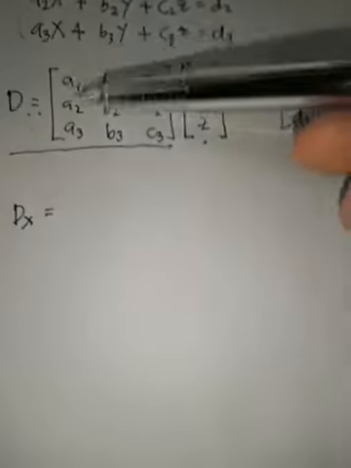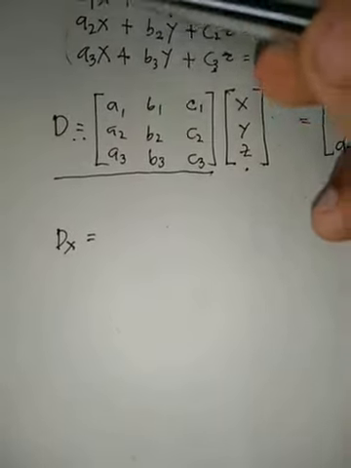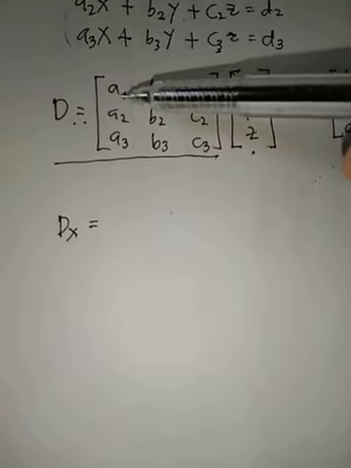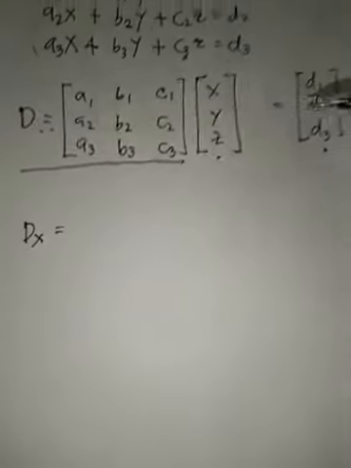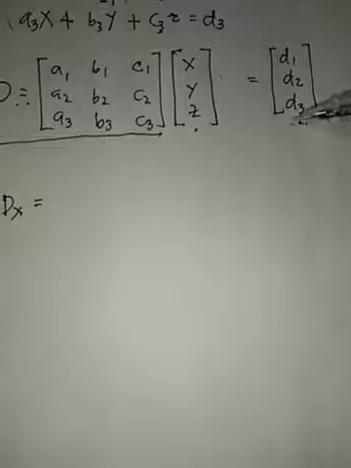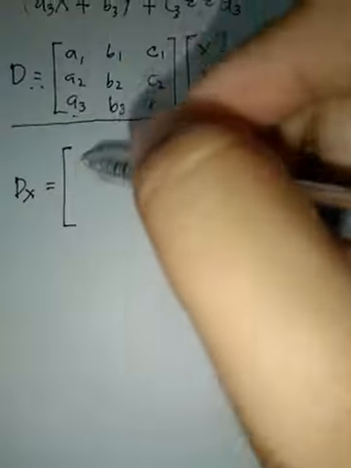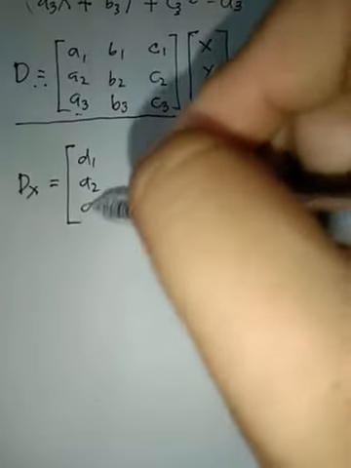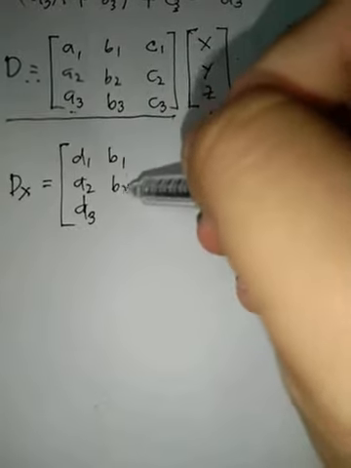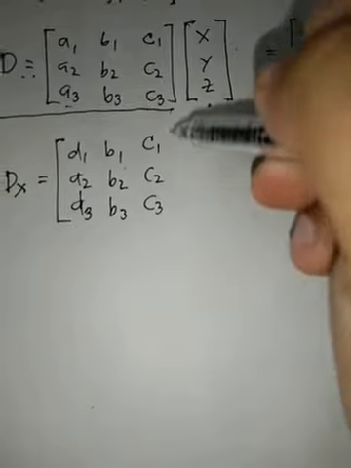How are we able to formulate an X matrix or DX? Our X column has coefficients A1, A2, A3. Since we have an answer column, we replace it, so it becomes D1, D2, D3. Then copy B1, B2, B3, then C1, C2, C3.